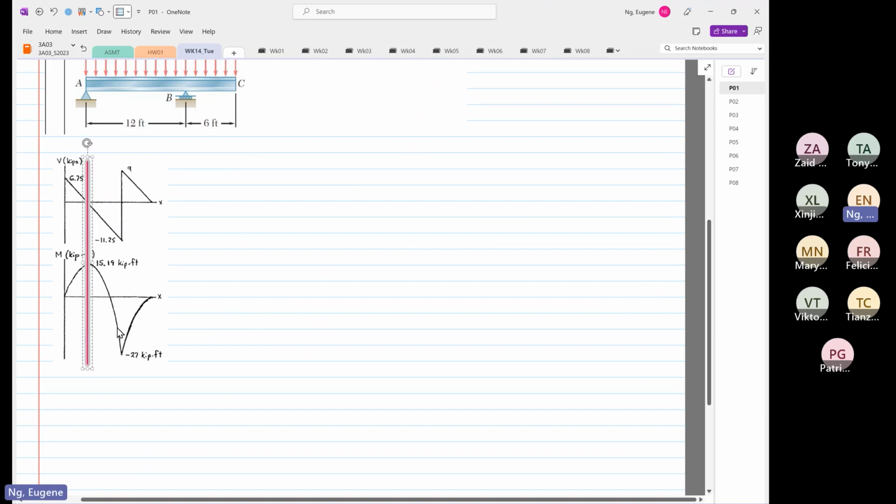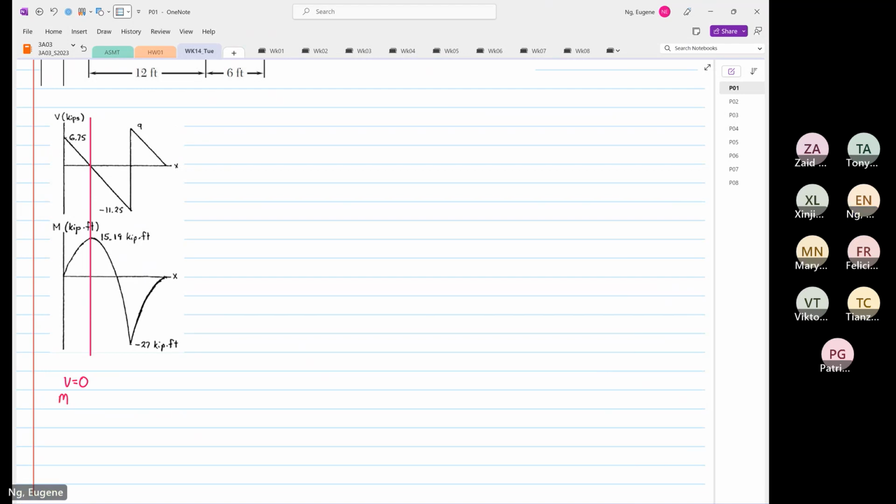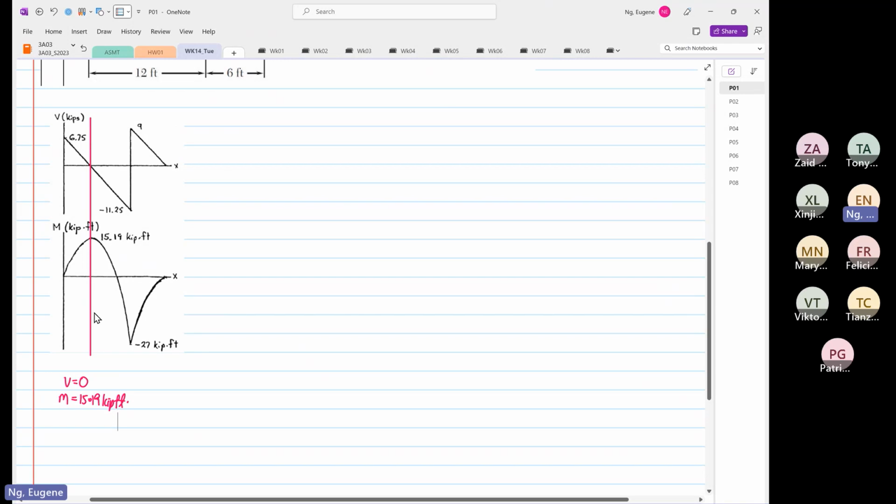This point has V equal to 0 and M equal to 15.19 kilopound feet.